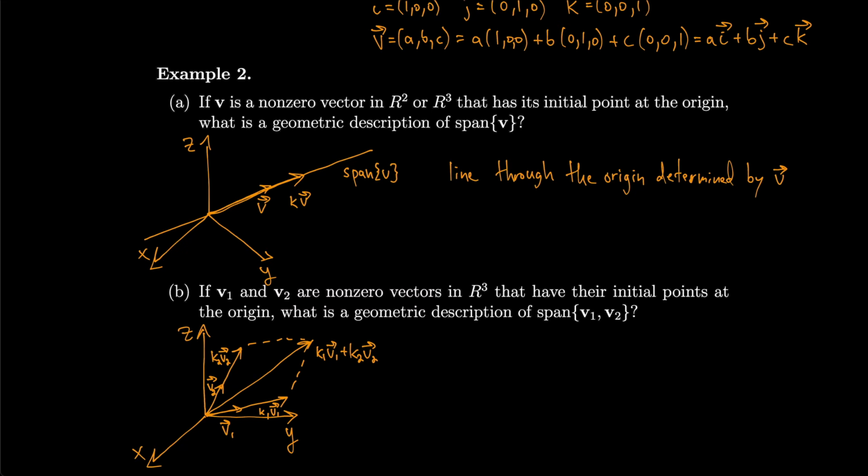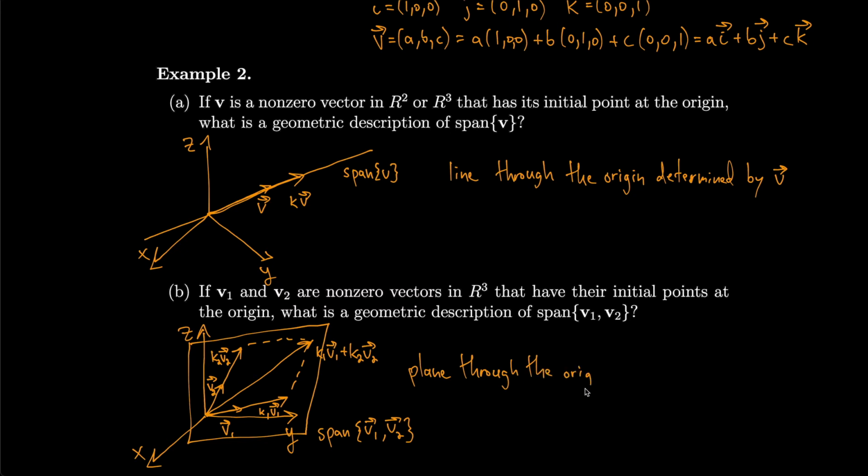So it shouldn't be too surprising that the entire plane is the span of v1, v2. So it's the plane through the origin determined by v1 and v2.